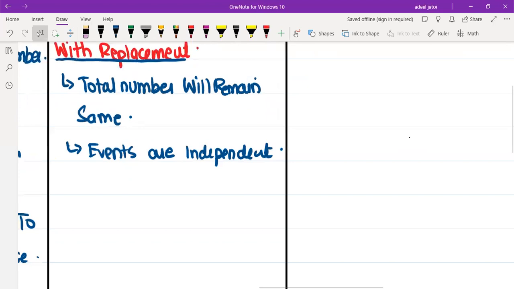Events are independent, which means that the first event will have no impact on the second event. So the total number will not change, it will remain the same.